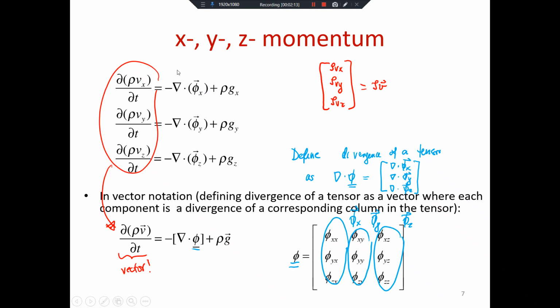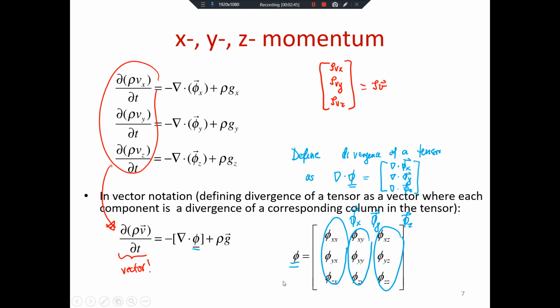So basically, if I take this, which is the divergence of phi x, as the x coordinate of a vector, and I take this, which is the divergence of phi y, a vector, the divergence of a vector is a scalar, remember? So if I put that scalar as the second coordinate and this scalar as the third coordinate of a vector, then that vector I define as the divergence of phi, where phi is a tensor.